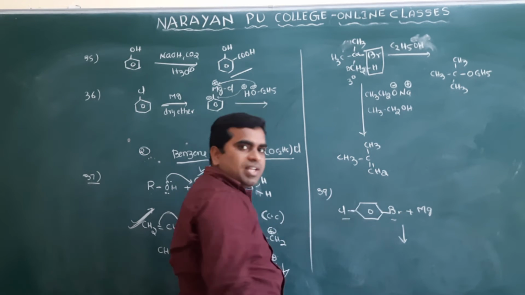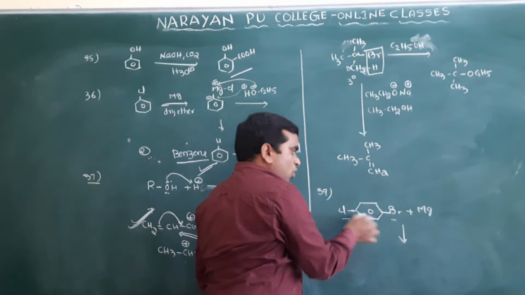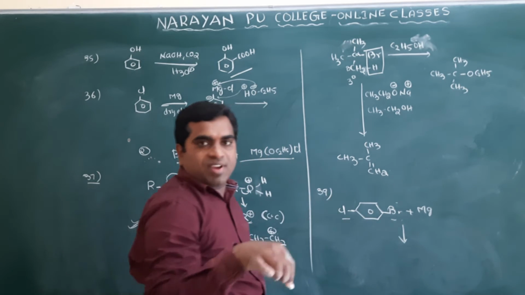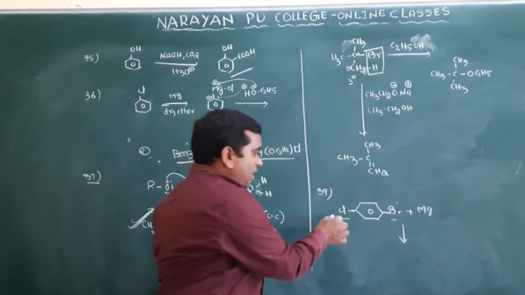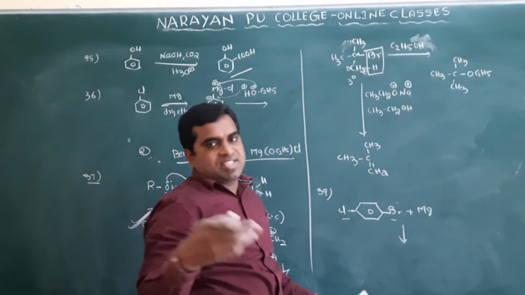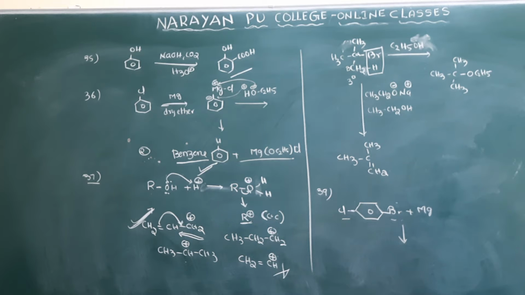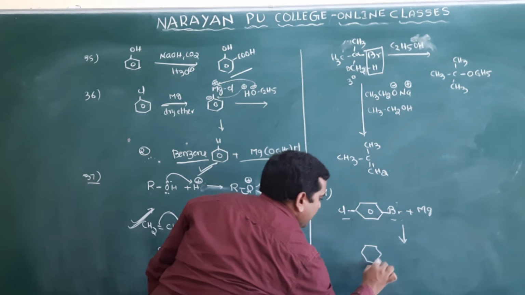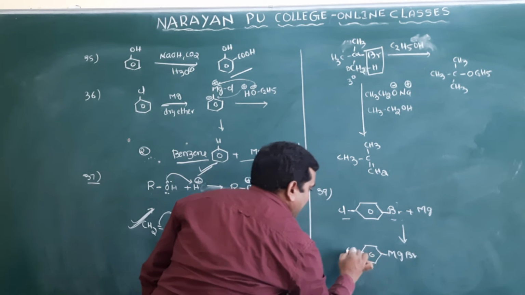Which bond breaks easily? The bromine-carbon bond will be weaker than the carbon-chlorine bond, because bromine is bigger in size. When size increases, bond length increases and bond strength automatically decreases. So that's why the Grignard reagent forms here, MgBr and not with the Cl.